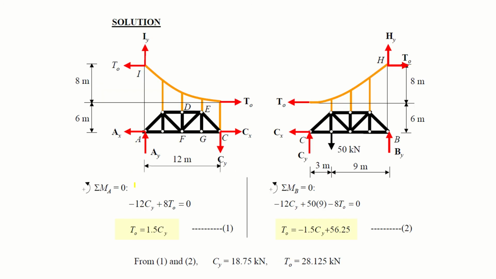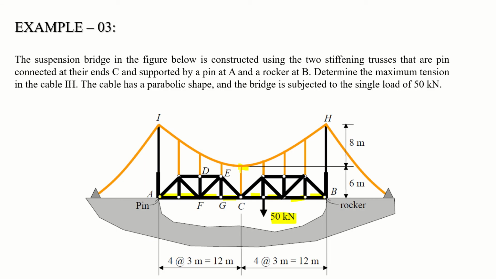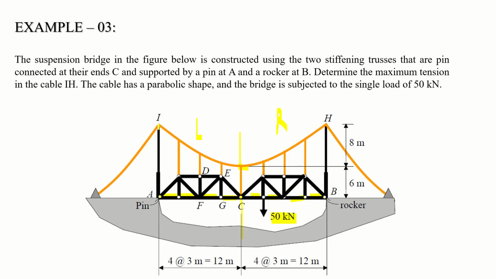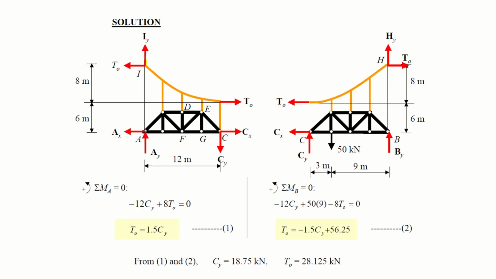Now coming to the solution, this is the left side of point C and this is the right side of point C. See, this is your point C. You have divided the segment. This is the left segment and this is the right segment. Okay, now in the left segment, you know that at point I there will be the Y component, and the X component, which is T naught.